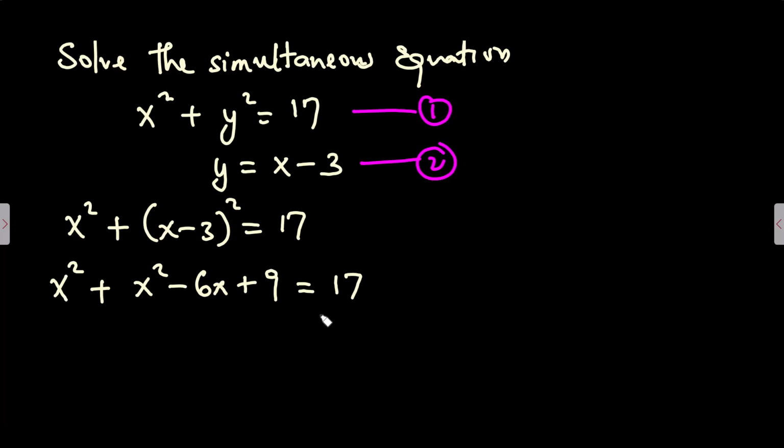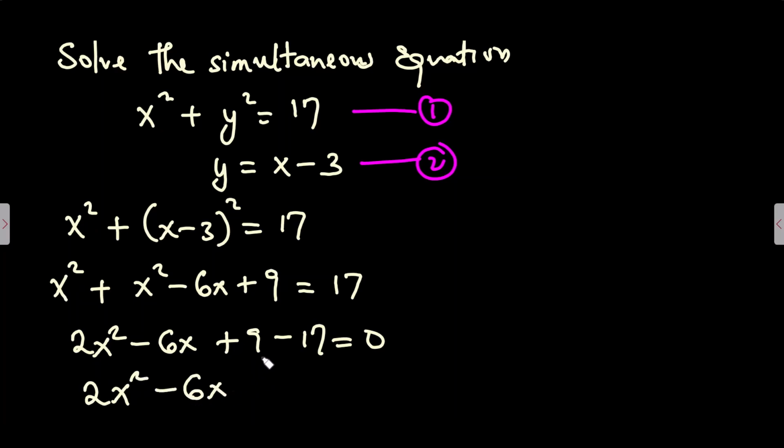Now you can decide to bring 17 to the left side, but before doing that, let's simplify everything that can be simplified. x squared and x squared is 2x squared, and then you have minus 6x, plus 9 minus 17 equals 0. So this simplifies to 2x squared minus 6x, and 9 minus 17 gives you minus 8, equals 0.